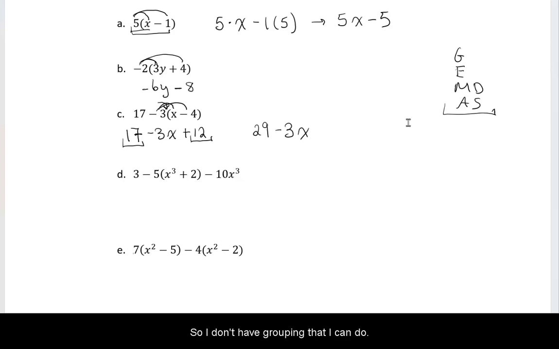So I don't have grouping that I can do. I have exponents, but not with anything I can do calculations of. But again, I do have multiplication. So I have to do my multiplication first. So I'm going to write my 3, and then negative 5 times x cubed is negative 5x cubed.